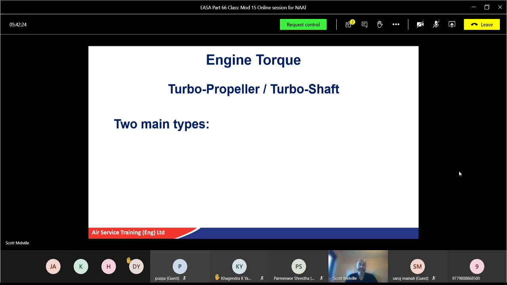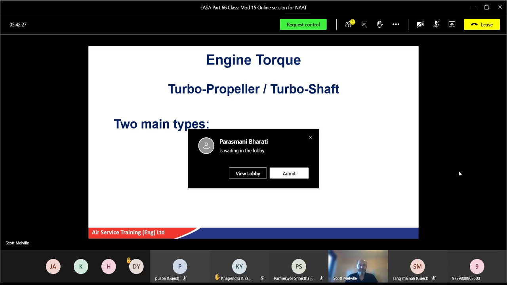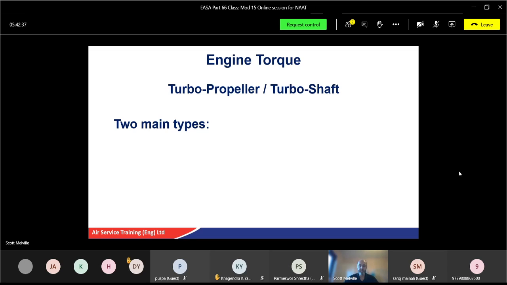Again, maybe not. Nice and basic. What type of torque systems would we have? Just the basic methods, if that helps. Anybody? Okay. I know it's getting late.